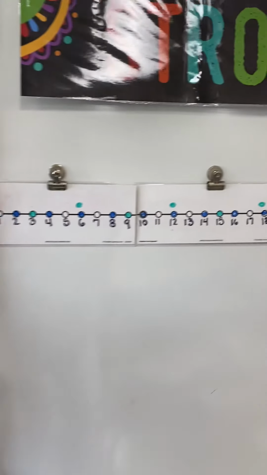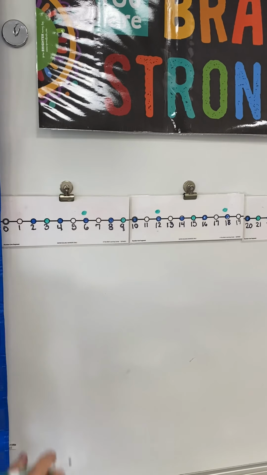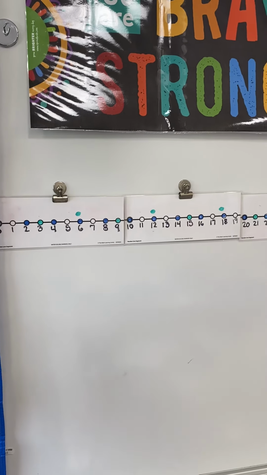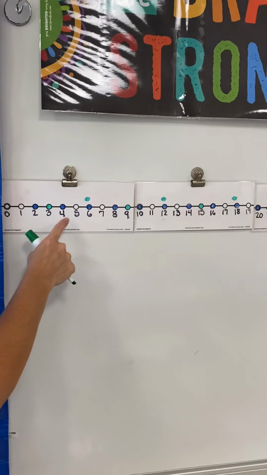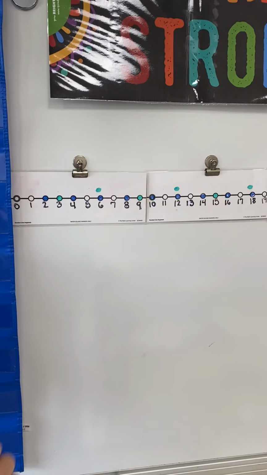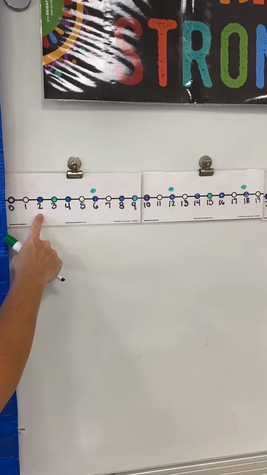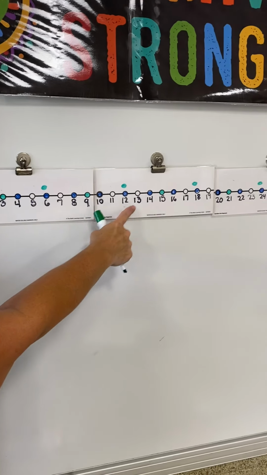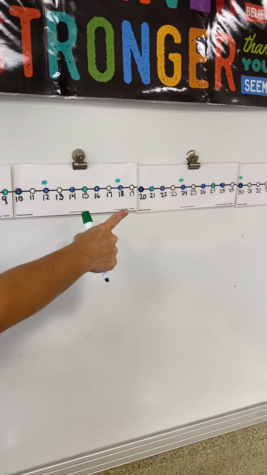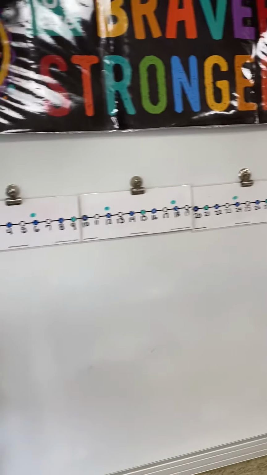So if you notice, some of the multiples of 2 are also multiples of the number 3. So that means that the number 2 and the number 3 have some multiples in common. So it looks like the numbers that they have in common are 6, 12, 18, 24, and 30.